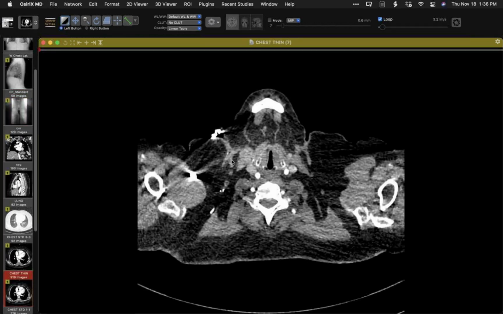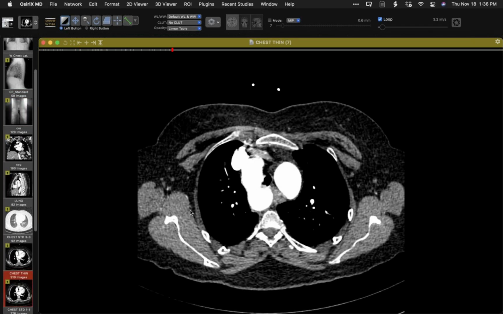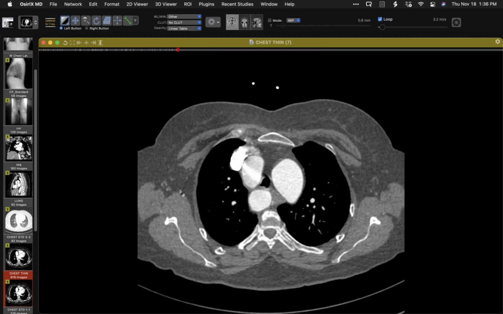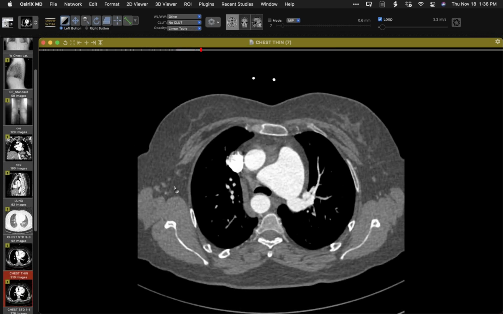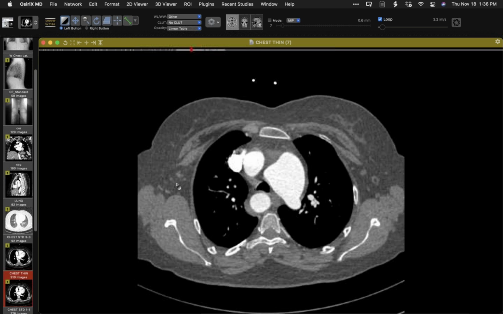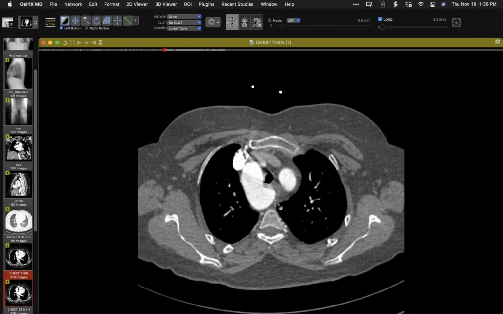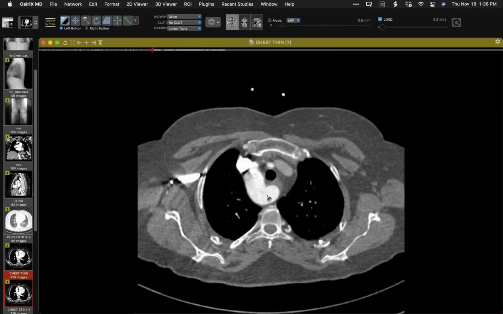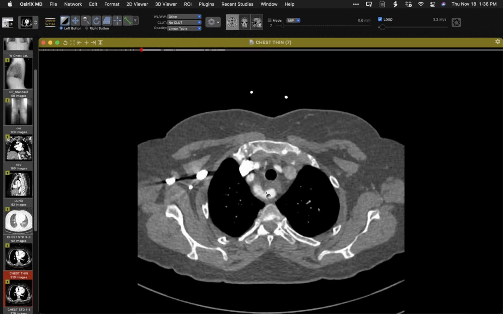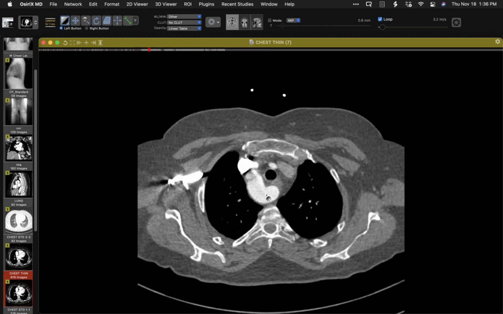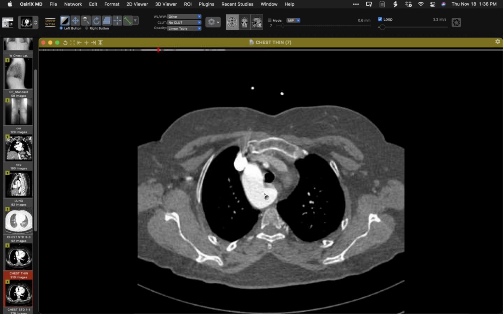Here is the CT. So we have a right-sided aortic arch. Looking at the aorta here, we can see that it stops there. It's a bulge, a diverticulum-like structure.